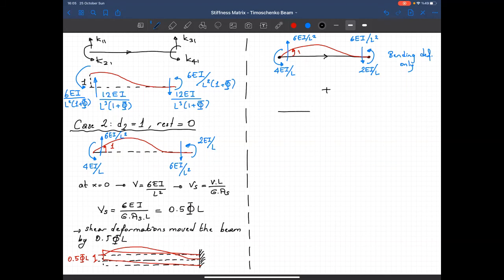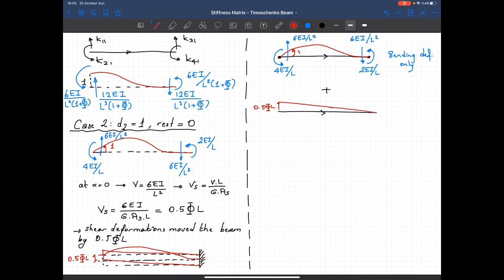We said that because of that, I saw a deformation in the upward direction that's equal to 0.5 phi times L, right?